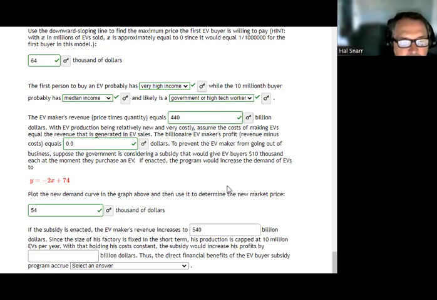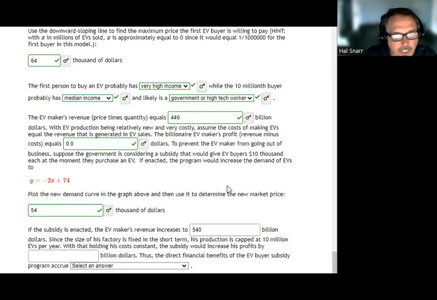Now, since the size of the factory is fixed in the short run, there's only so much production. The EV maker's production is capped at 10 million per year because Rome wasn't built in a day. So you have this factory, its capacity is fixed. All it can handle is 10 million EVs per year. With that holding his cost constant, because he made 10 million before the subsidy and he's making 10 million after the subsidy, we're assuming we're holding everything else constant.